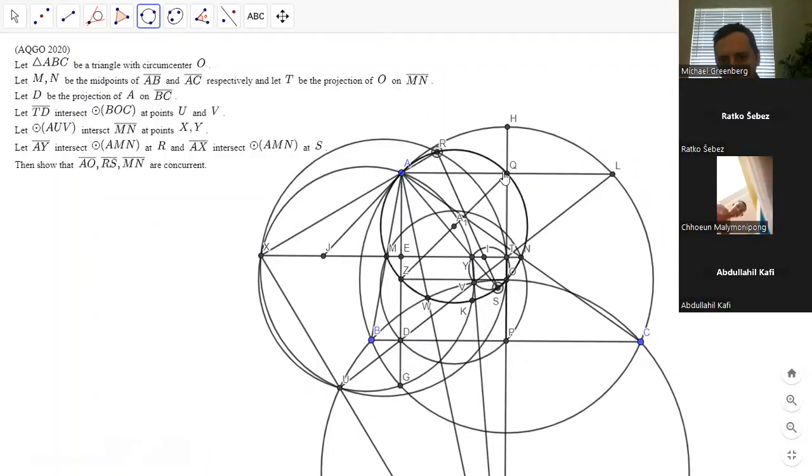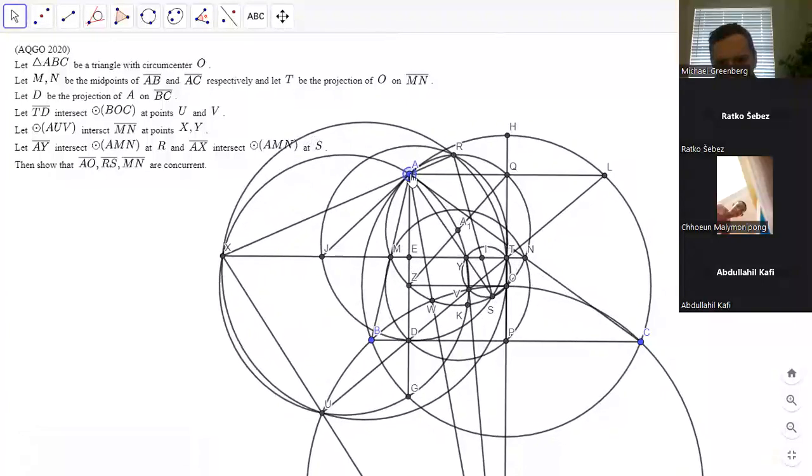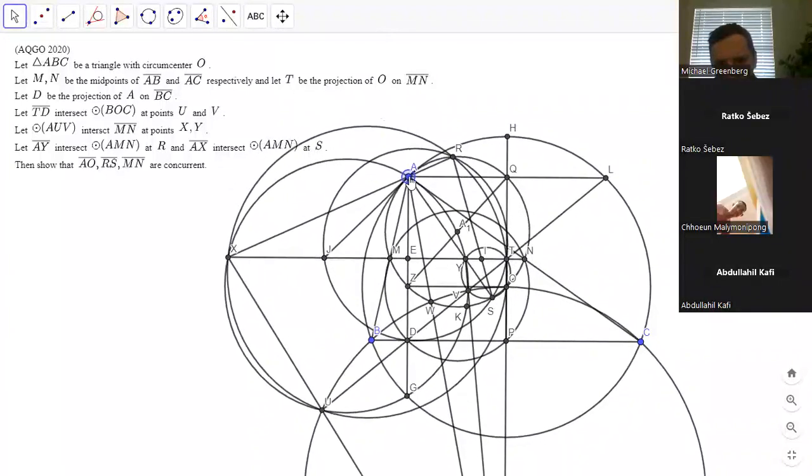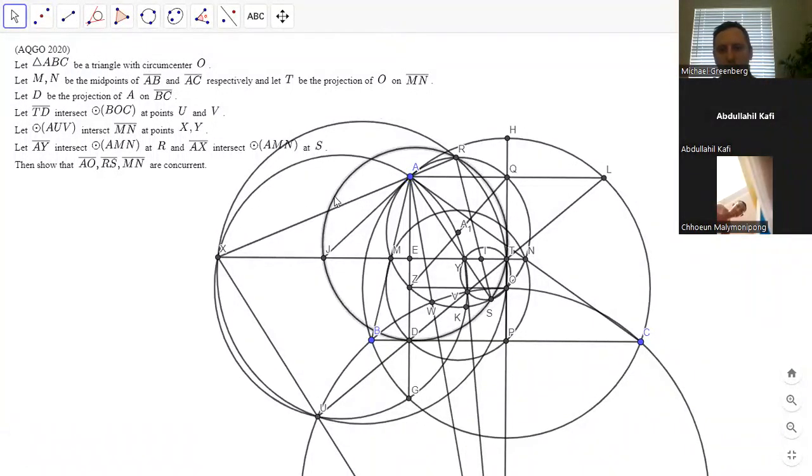Is there another circle that passes through those? I don't know. Oh, that's kind of interesting. It's like these points all lie on a circle, R, T, S, T, and J. Yeah, that looks pretty useful.